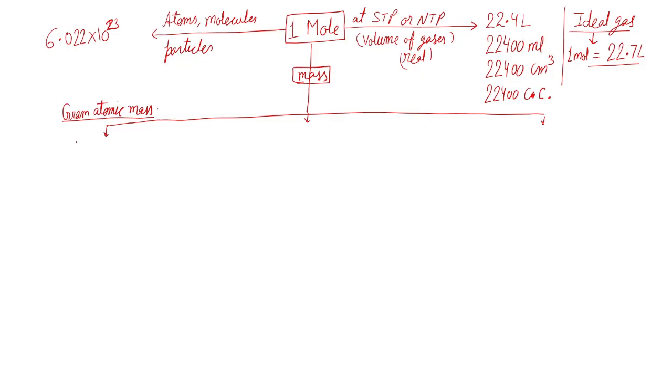As you know, carbon is 12 gram, oxygen 16 gram, sodium 23 gram.